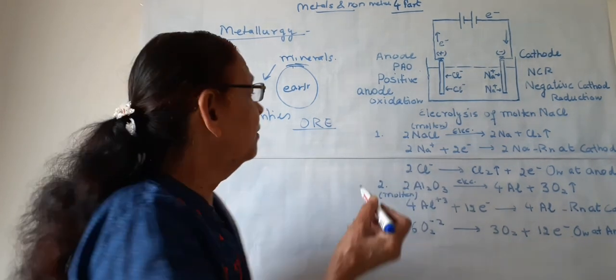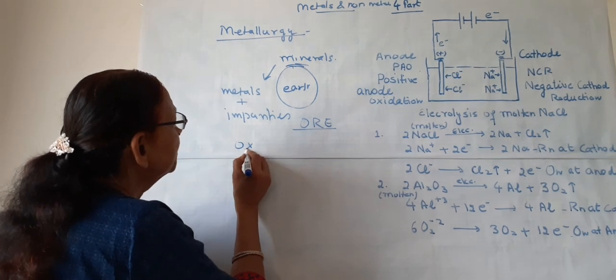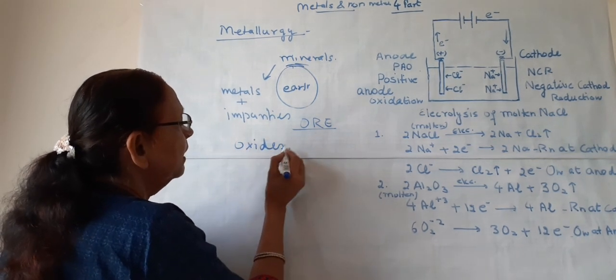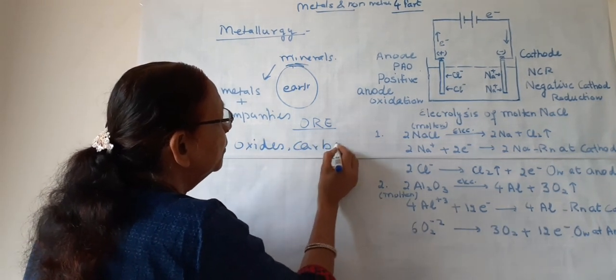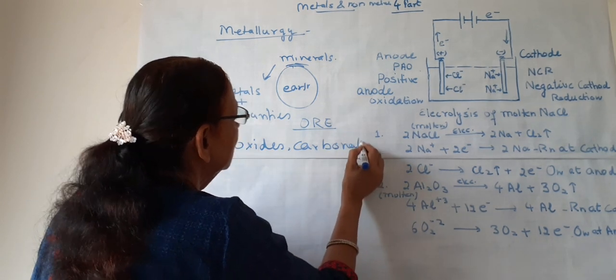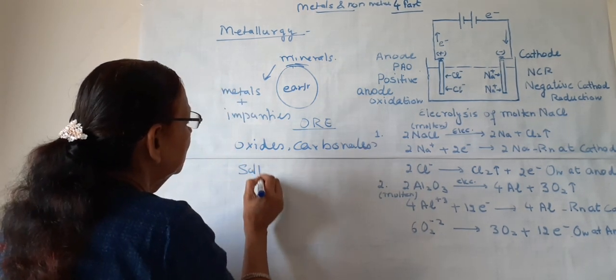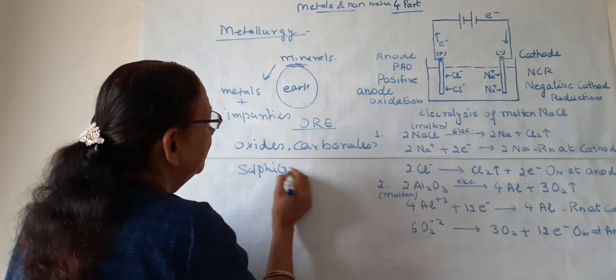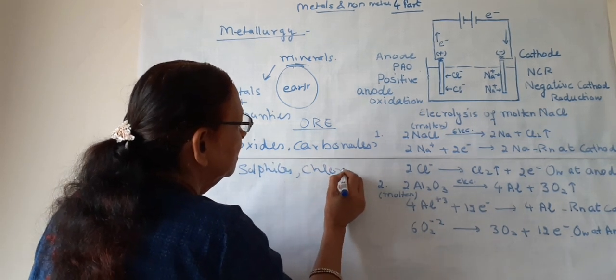And most compounds in which metals are present are oxides, carbonates, sulfides and even chlorides.